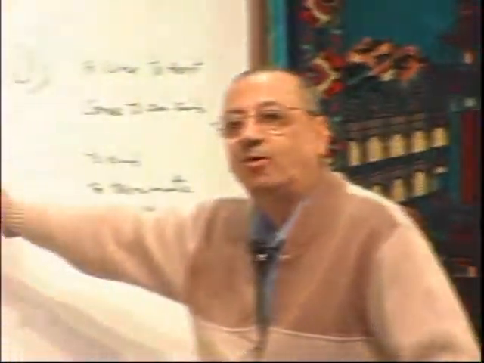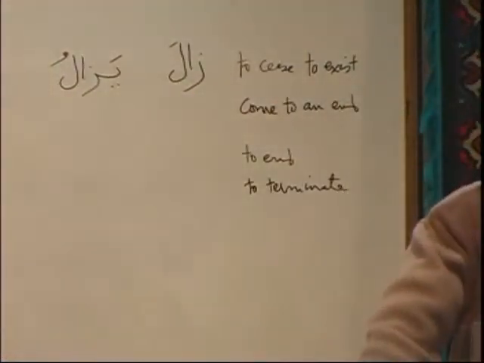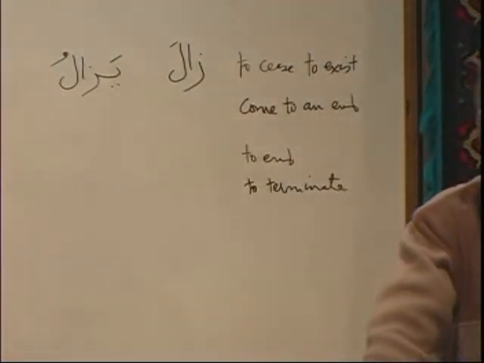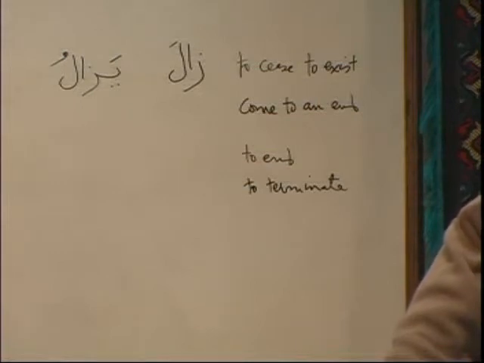Brothers and sisters, most of the time it will only come in this form, so we do not have to worry about the complete conjugation. Neither will it be in the fi'l amr. Kun will come in fi'l amr, but this will not come. Okay?